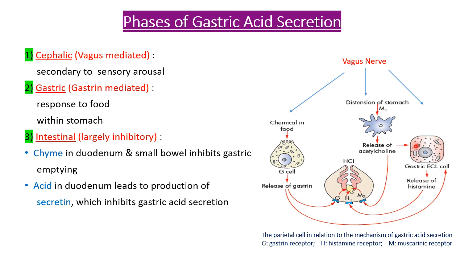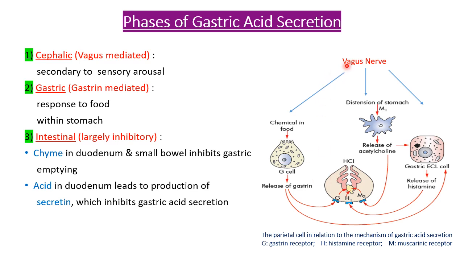Then the ECL cells, the endocrine cells, release histamine, which also stimulates the parietal cell through the histamine receptors.